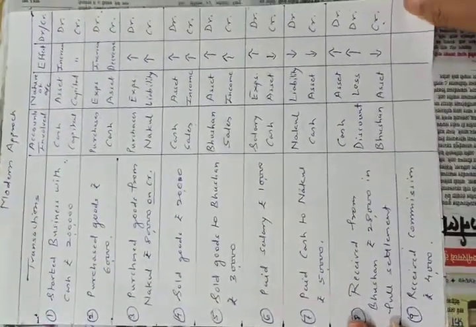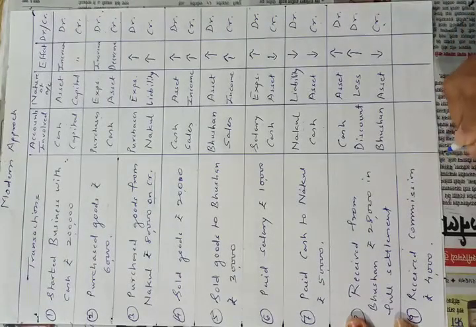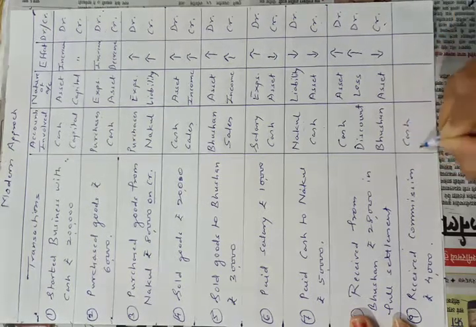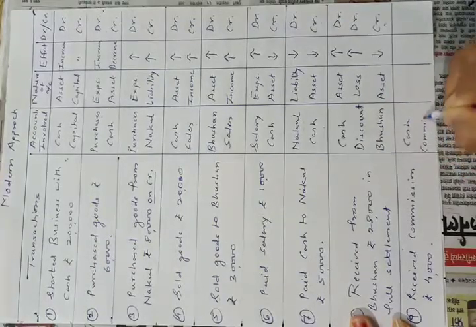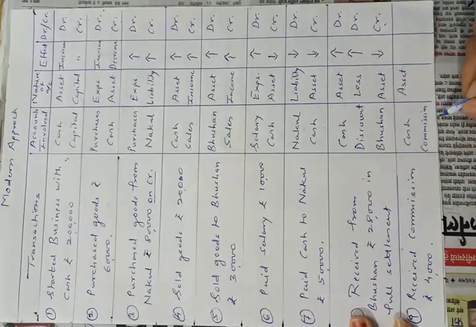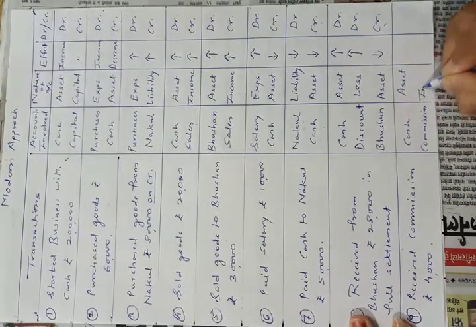Next transaction now. Received commission rupees 4,000. Here two accounts are involved. One is cash account and other is commission account. Cash is our asset, and as we are receiving commission, it will be our income.